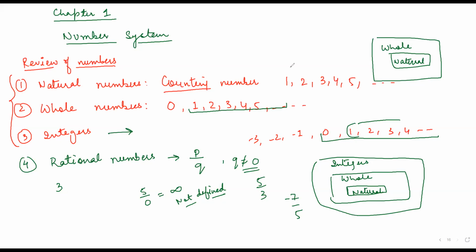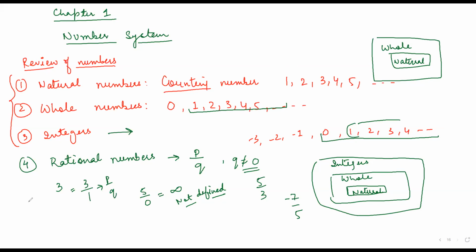Yes. Why yes? Yes, it is a rational number because I can write 3 as 3 by 1. Any problem? So it has become of the form P by Q, where Q is 1 and P is 3. So any integer can also be written as a rational number.